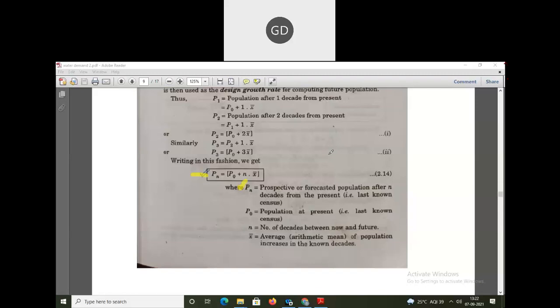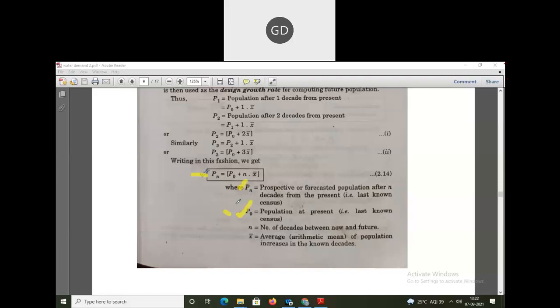Pn is the population after a certain number of decades. P naught is the last known population.